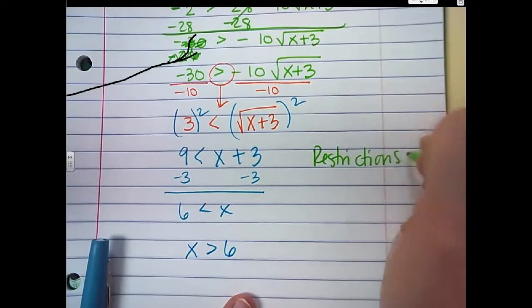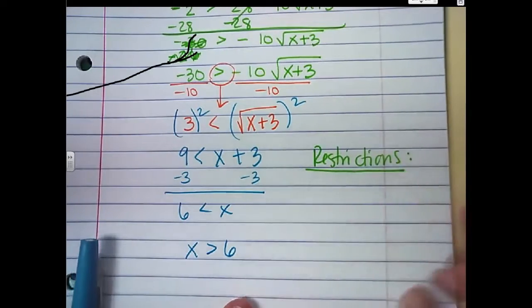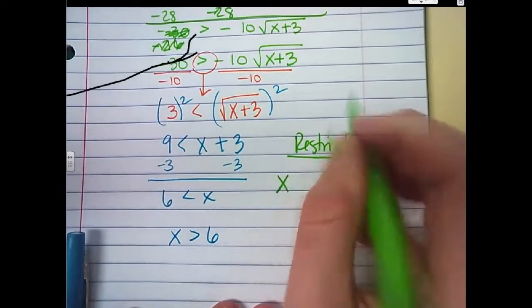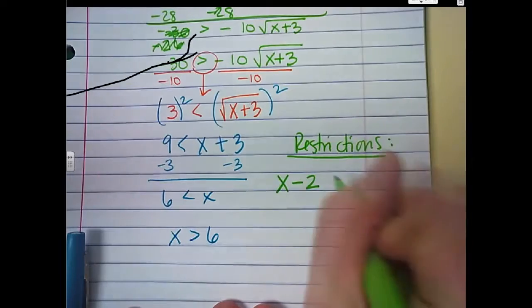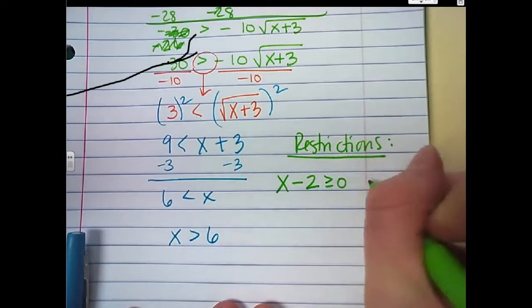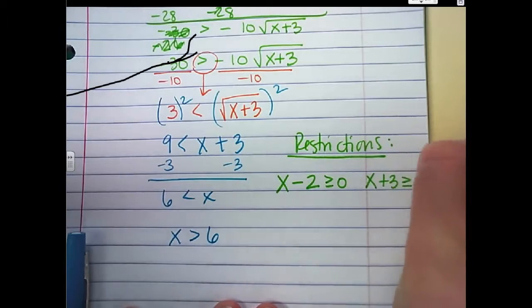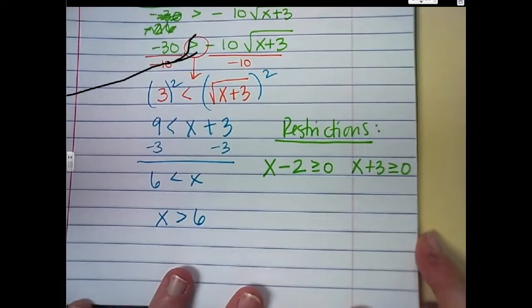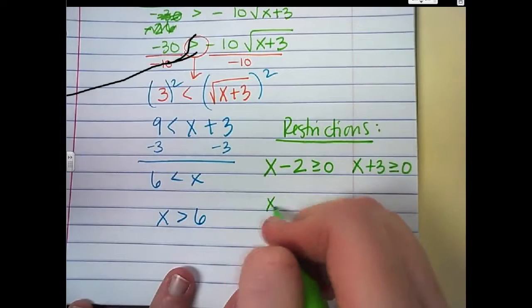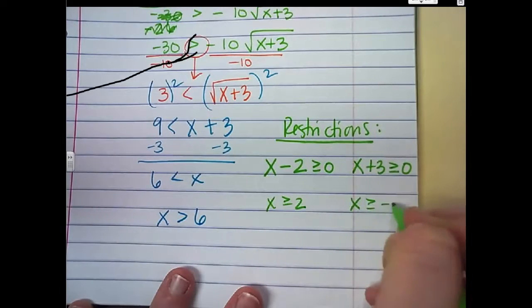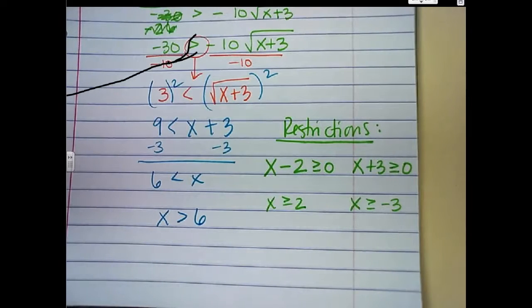So for my restrictions, you have to check both of your square roots. So I did negative, so I'm going to do x minus 2 greater than or equal to 0, and x plus 3 greater than or equal to 0. But look, these are like one step. Add 2, so x is greater than or equal to 2. Subtract 3, x is greater than or equal to negative 3. That's it.